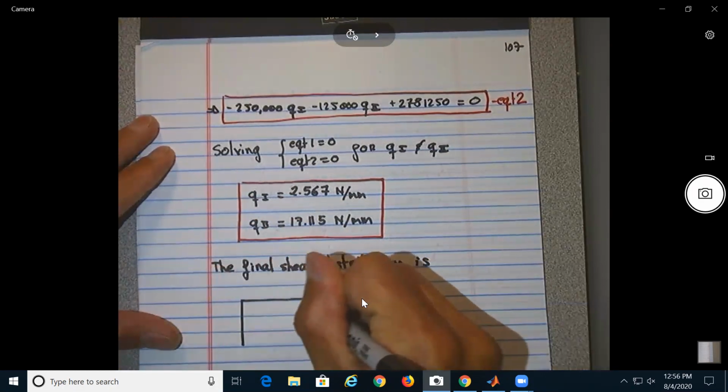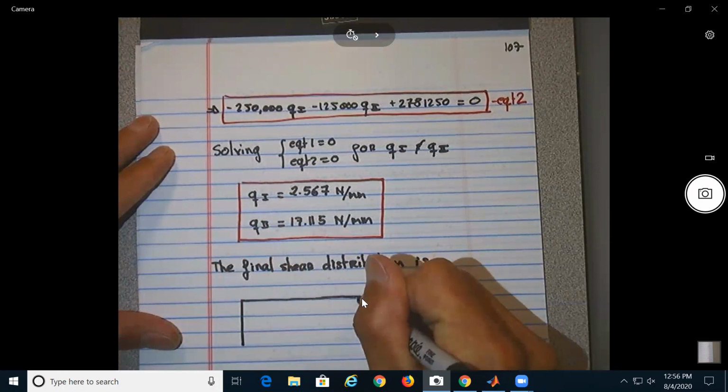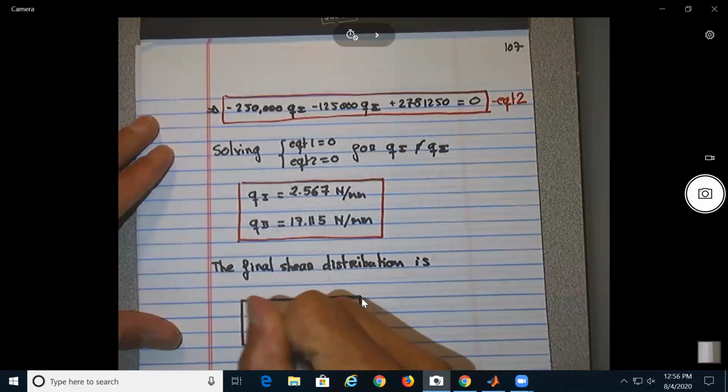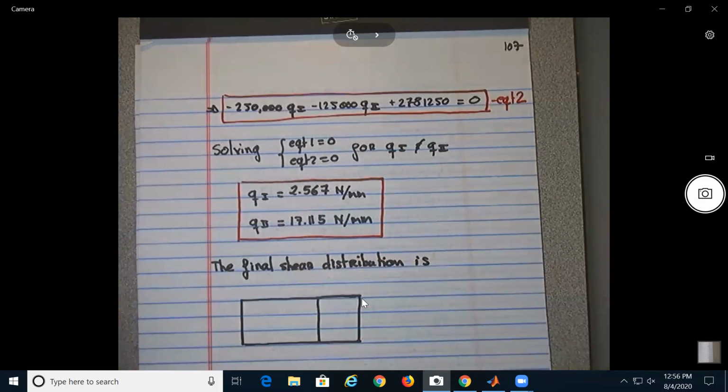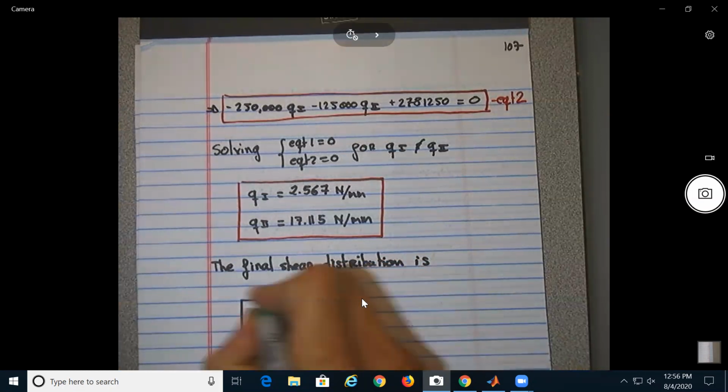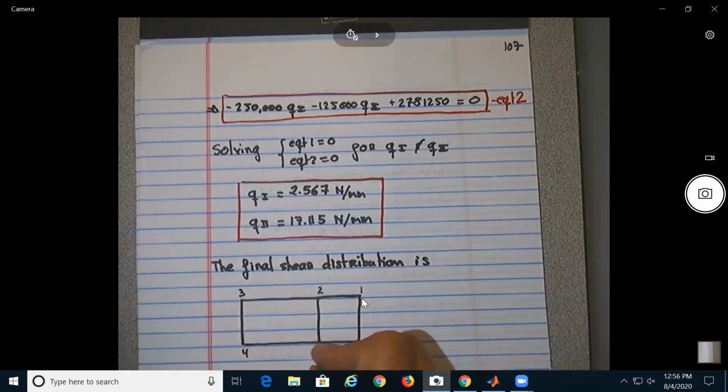Again, the best thing is to redo the figure, where we have 1, 2, 3, 4, 5, 6.